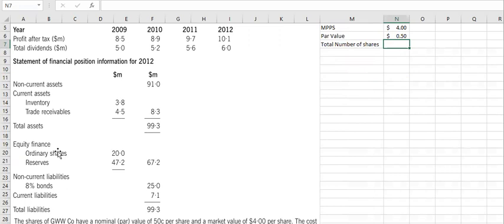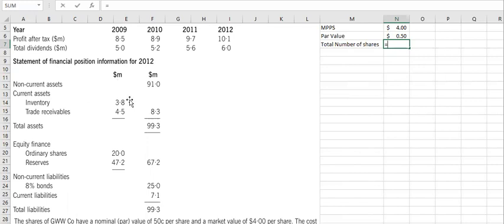And remember that the ordinary shares value is always reported based on the par value of the share and not the market value. So if the total value is 20 million and each share has a par value of $0.5, then what will be the total number of shares?